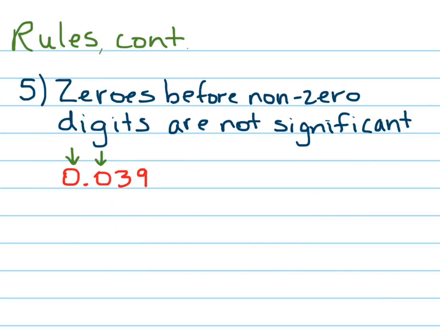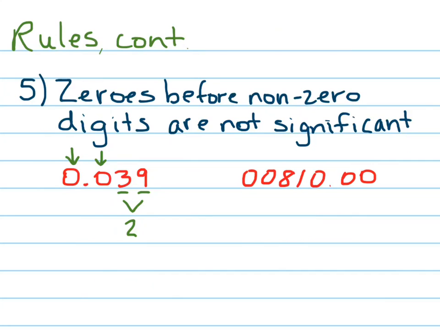However, they do not give us any significance in the measurement itself. So we say that they are not significant because they don't add to the measurement itself. They are just place values that we need to put in there so that we know where our measurement starts. So those zeros are not significant. The 3 and the 9 are significant because they're non-zero, so we have two significant figures here.